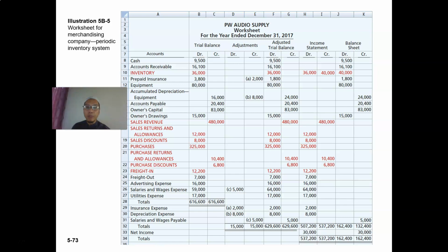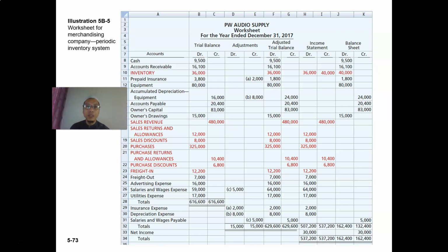But under the income statement, there will be entries on both the debit side and the credit side. Why? Because there are two types of inventory there.